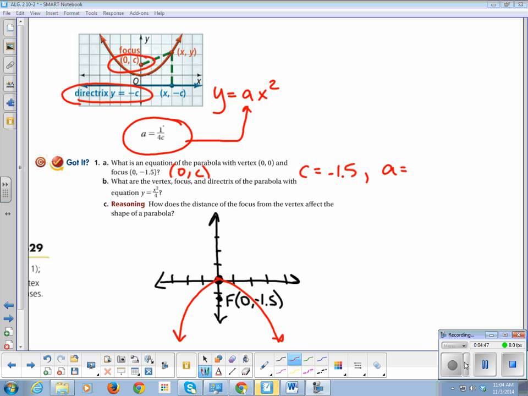If a is equal to 1/4c, then I know it's 1/4 times -1.5, and that gives us a is equal to negative 1/6. So my equation is y equals negative 1/6 x squared.